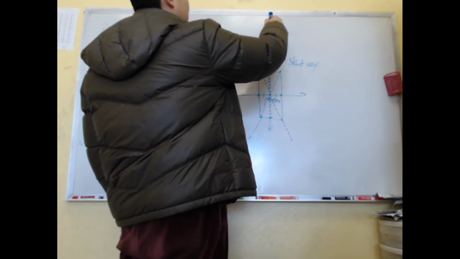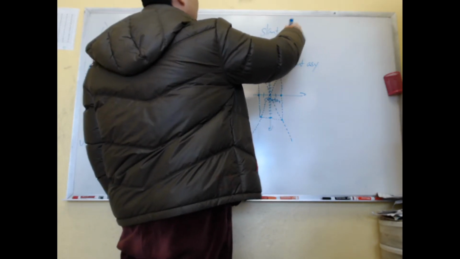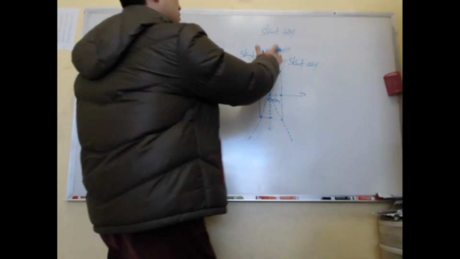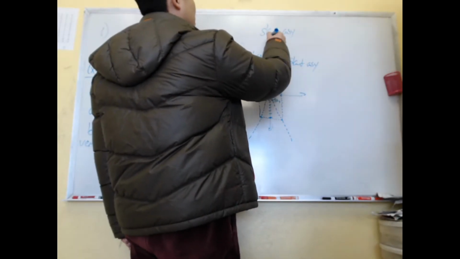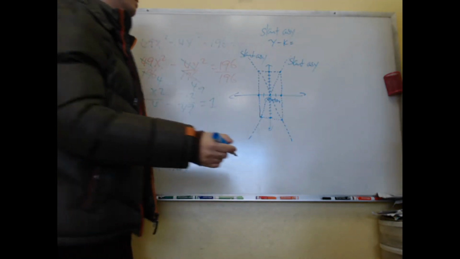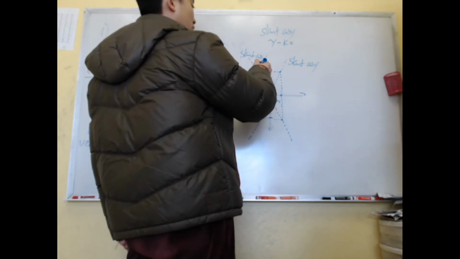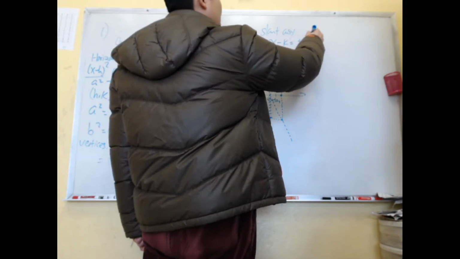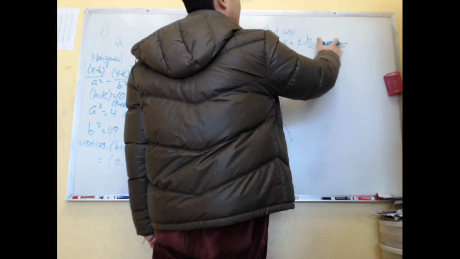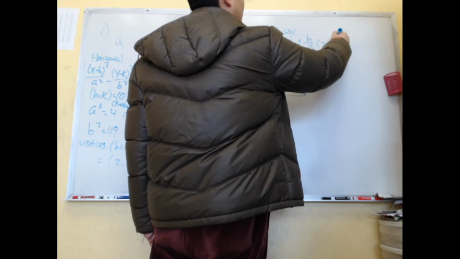So another way that I can find the slant asymptote for this one, again, what kind of hyperbola is this? Horizontal, right? So the way to find the slant asymptote for this one is always y minus k equals plus or minus b over a, times x minus h.